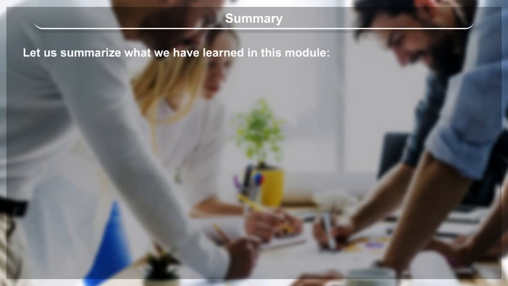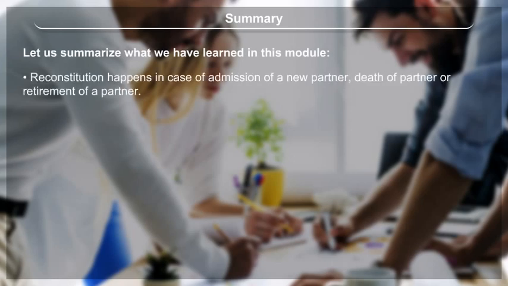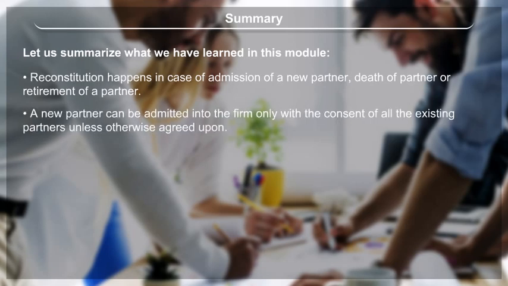Summary. Let us summarize what we have learned in this module. Reconstitution happens in case of admission of a new partner, death of a partner, or retirement of a partner. A new partner can be admitted into the firm only with the consent of all the existing partners, unless otherwise agreed upon.